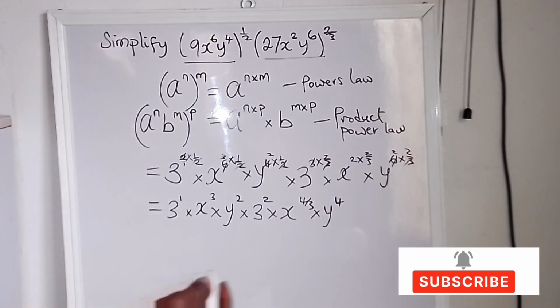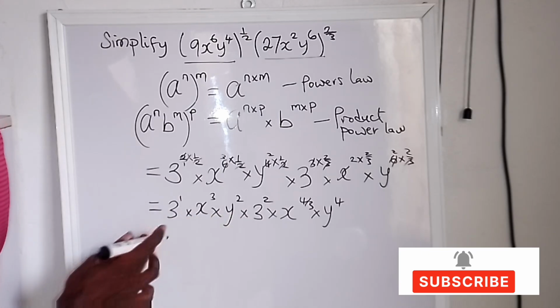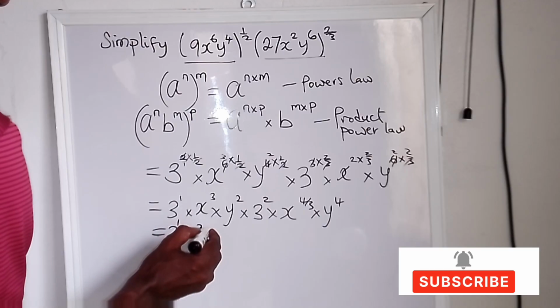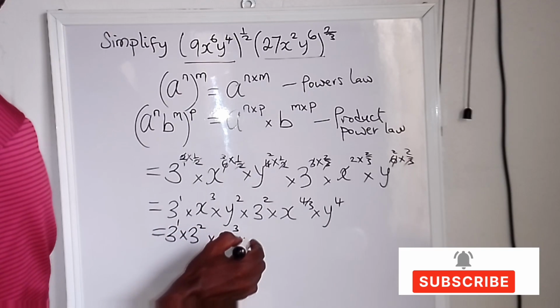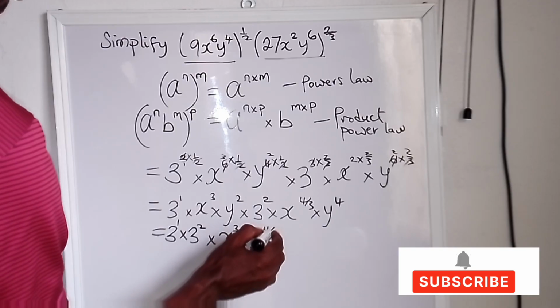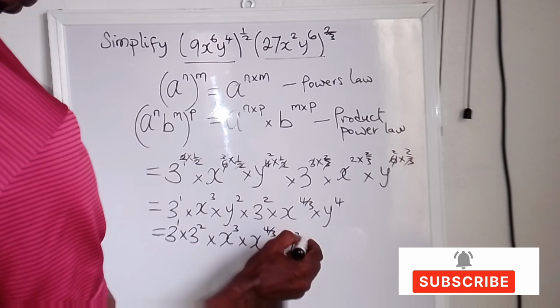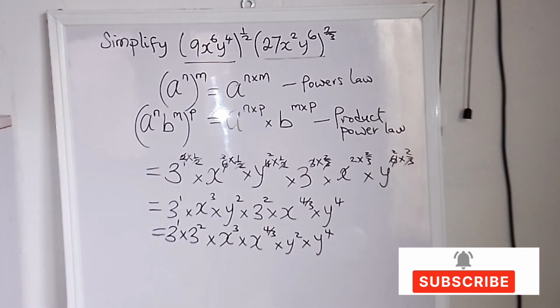Getting to this point, we have to collect like terms. So 3 raised to the power 1 times 3 raised to the power 2, times x raised to the power of 3 times x raised to the power of 4 over 3, lastly times y raised to the power 2 times y raised to the power 4. You can see we collect all the terms together.